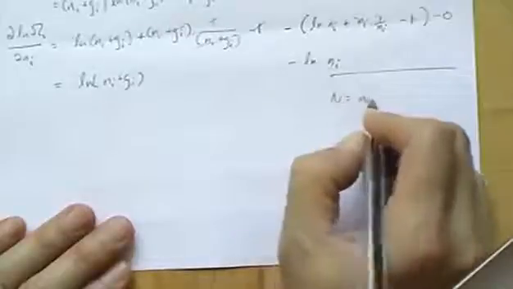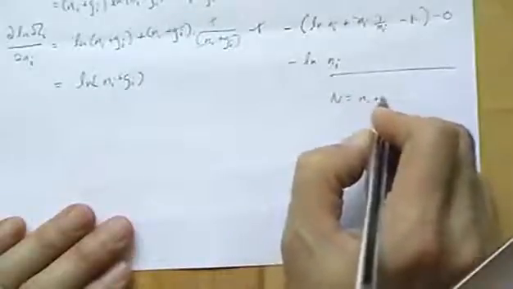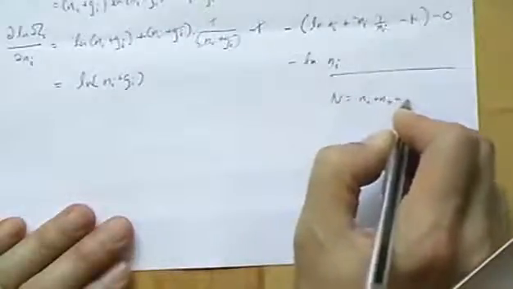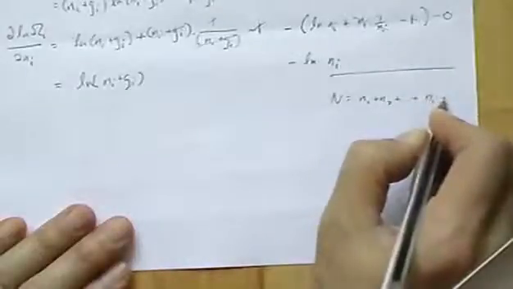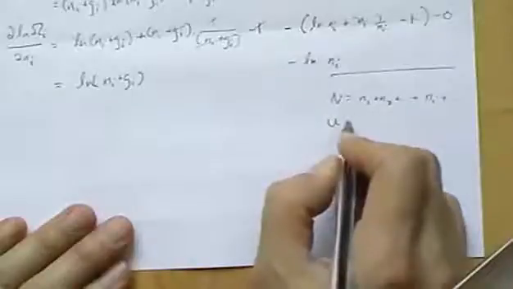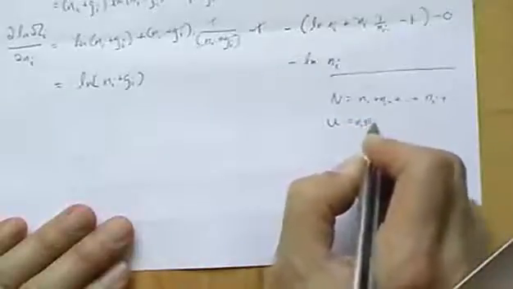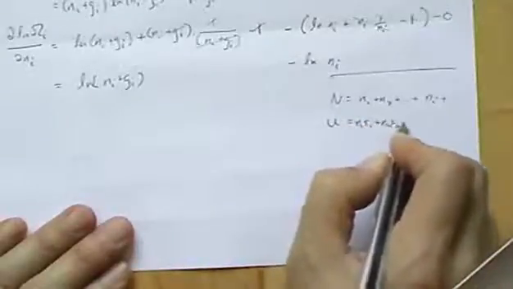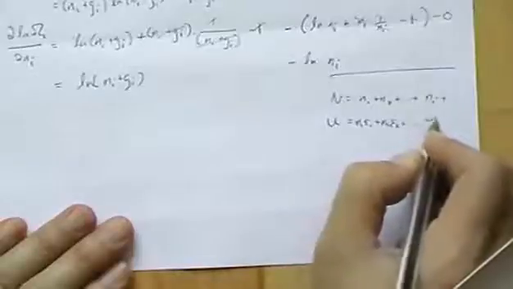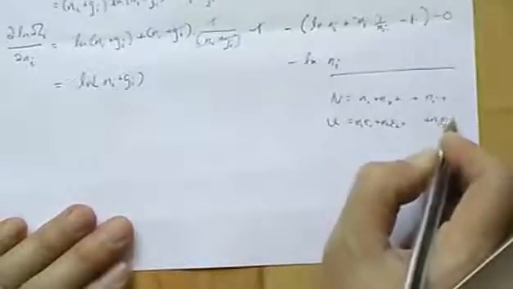Now n, if you recall, is n1 plus n2 and so on. And u is n1 e1 plus n2 e2, and so on.